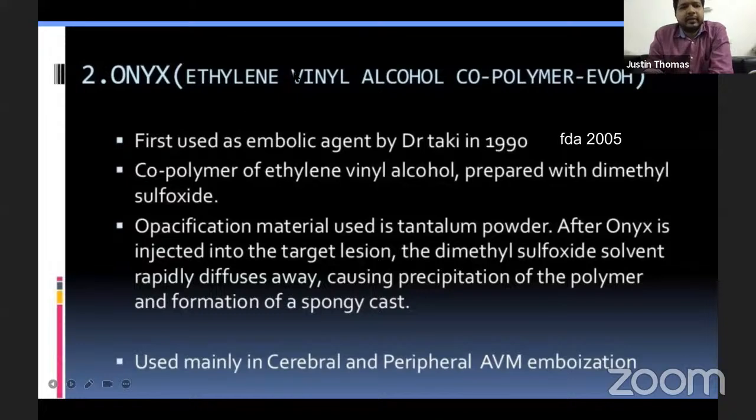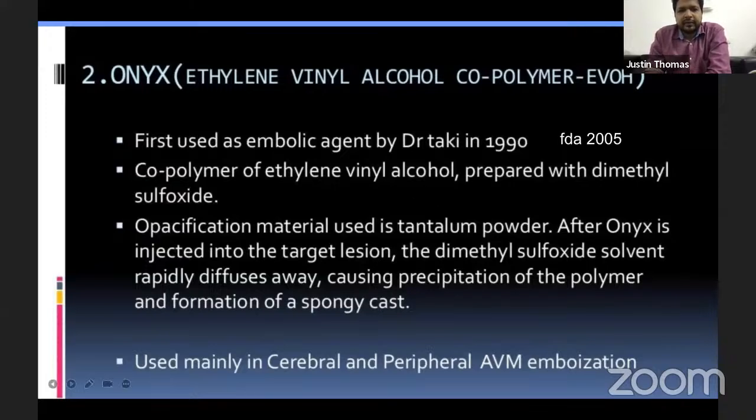Coming to the next liquid embolic agent, this is Onyx, which is the most commonly used recently in AVMs. This was first used by Dr. Taki in 1990. It was FDA approved for treatment of AVMs in 2005. Onyx is ethylene vinyl alcohol copolymer with DMSO, that is dimethyl sulfoxide, as a solvent.